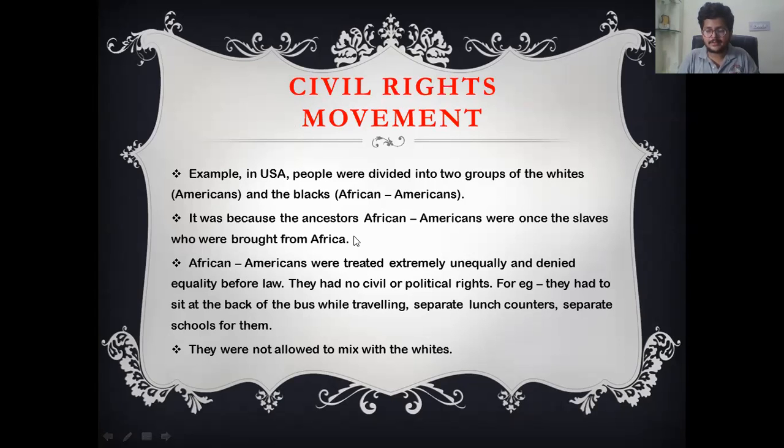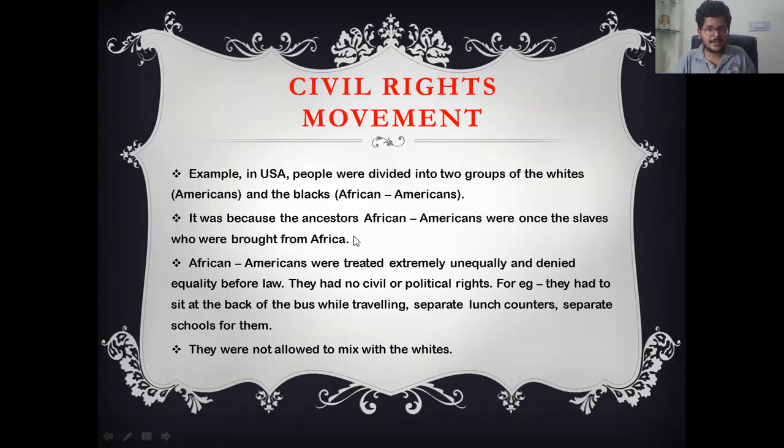The people who had white color, the original Americans, were treated as superior to the black people, who are the African Americans. And African Americans were treated very inhumanly as compared to the whites.